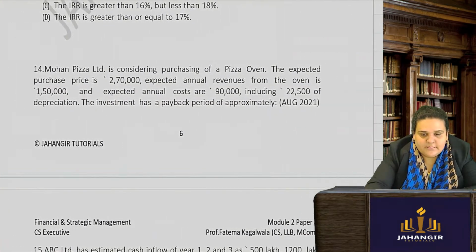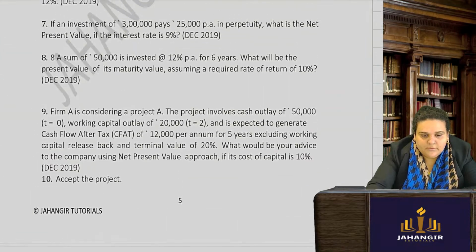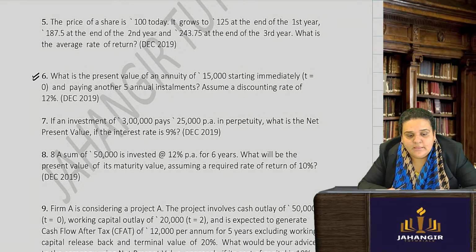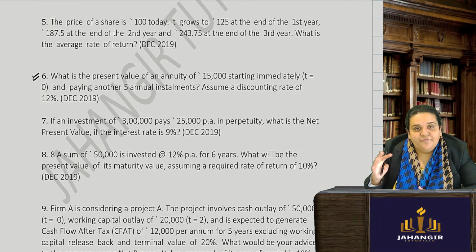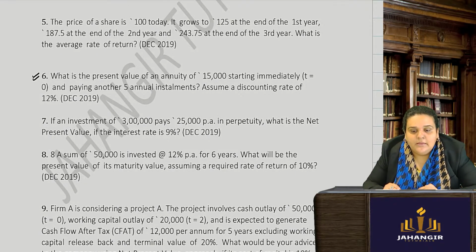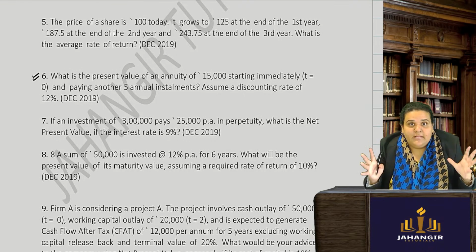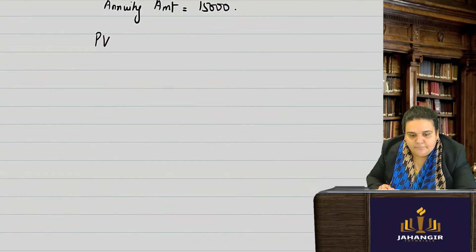Let's read the sum once again. What is the present value of an annuity of 15,000 starting immediately, and paying another 5 annual installments? For another 5 years I am going to pay this installment. Assuming a discount rate of 12%, what is the present value of that entire annuity? Full. Okay.